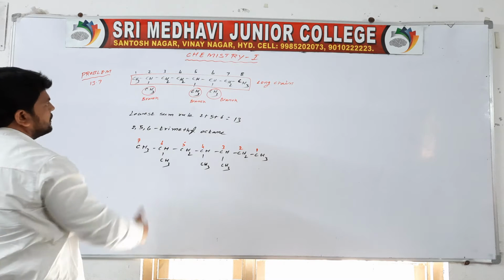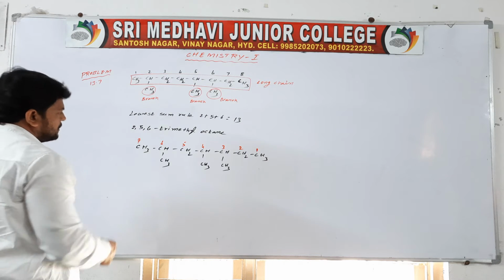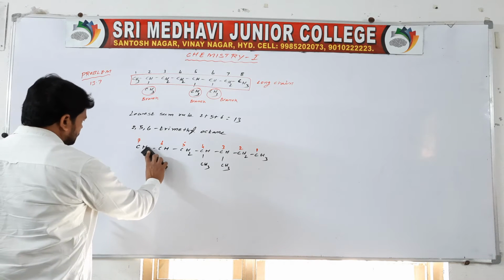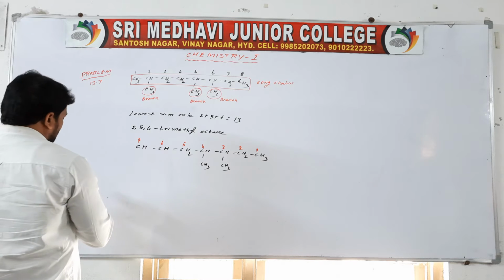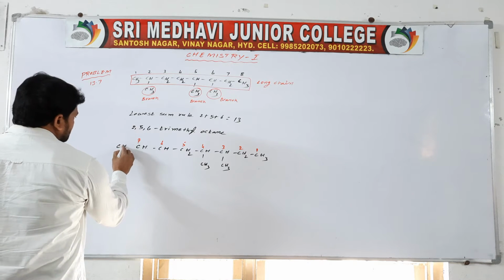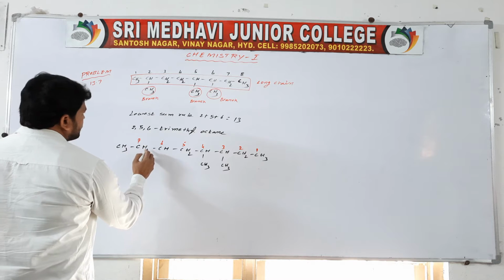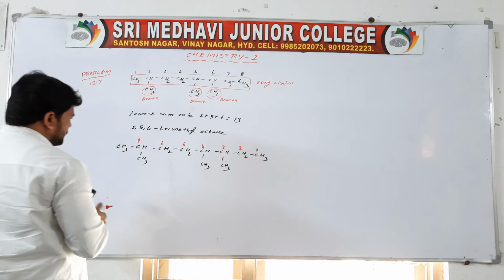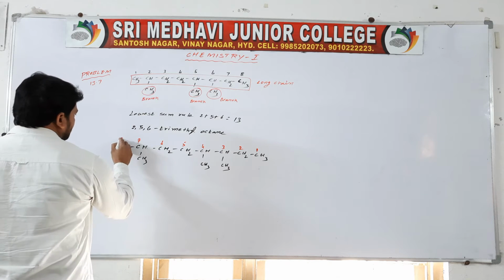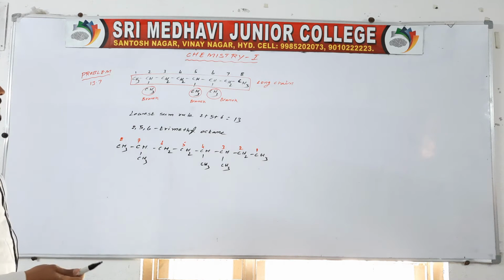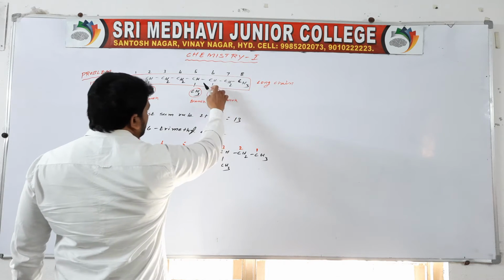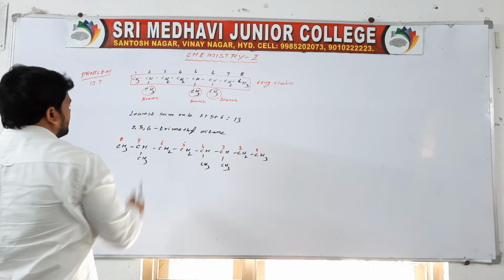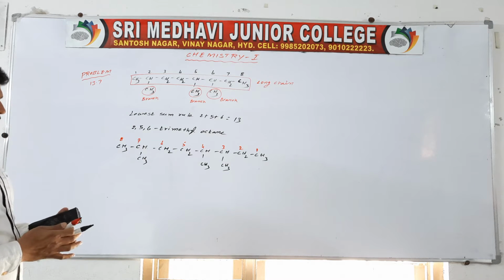You have to take one more carbon atom here, so it has 8 now. The third carbon, fourth carbon, and 5, 6, 7 and 8. This is the way I am going to give numbering.